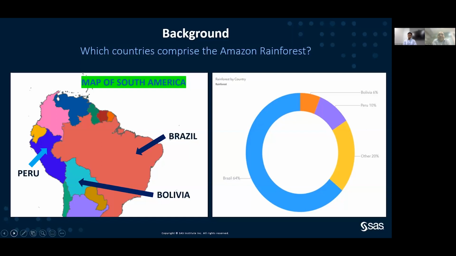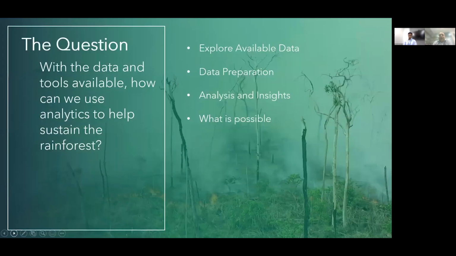Deforestation of Amazon not only has, I think, economic implications, but also has a major impact on agriculture, crop production, the ecosystem, and of course on the local community as well. So conserving the Amazon rainforest is essential to ensure a healthy future.